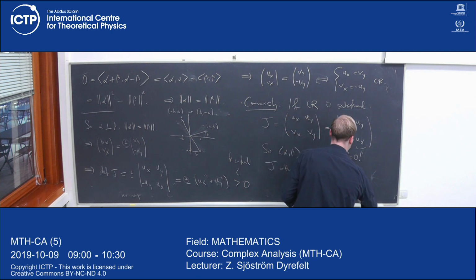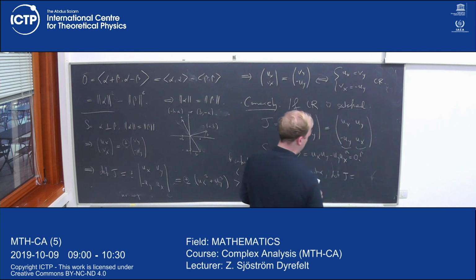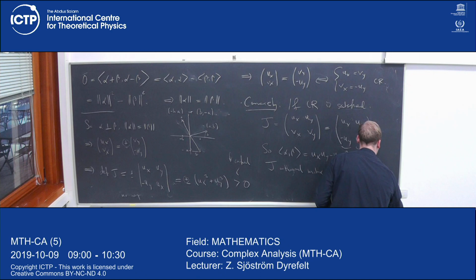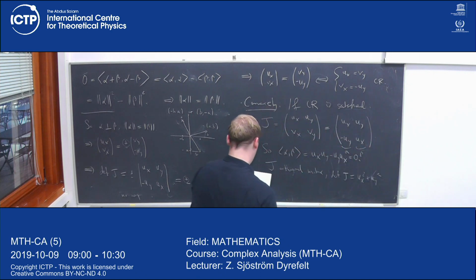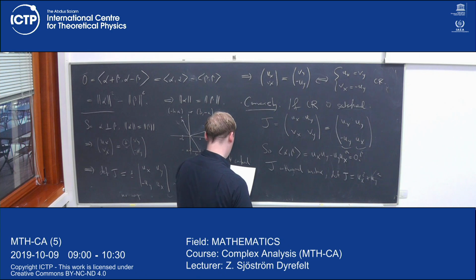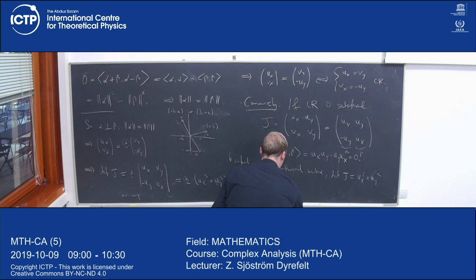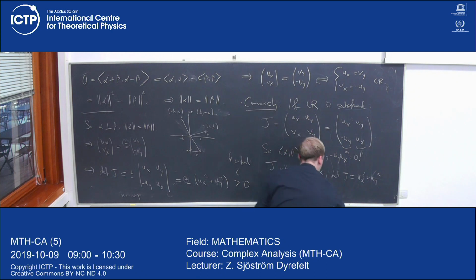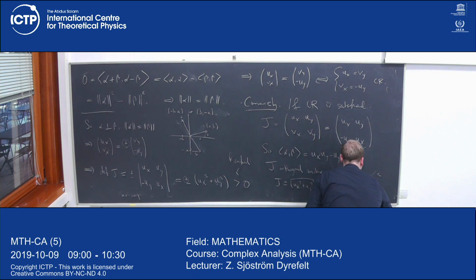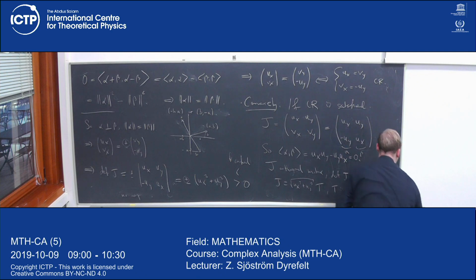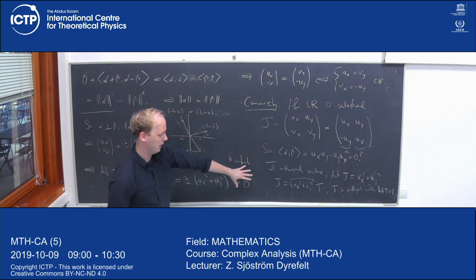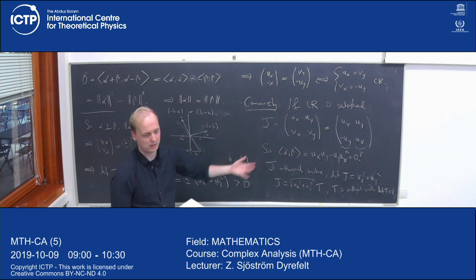And then we have some scaling going on. The determinant of J is equal to, as before, ux squared plus uy squared. So J is equal to the square root of ux squared plus uy squared times T, where T is orthogonal with determinant equal to 1, which means that it is in fact a composition of rotation and scaling, and it is conformal.